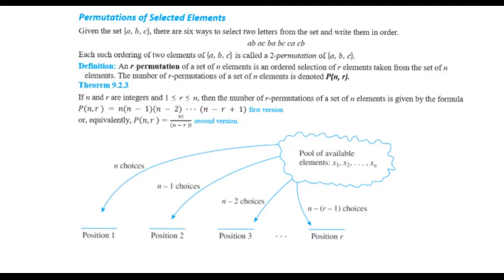Or equivalently, you can write it in the form of factorials. You can say it's equal to n factorial divided by n minus R factorial.